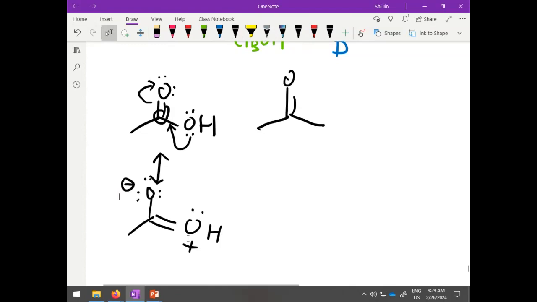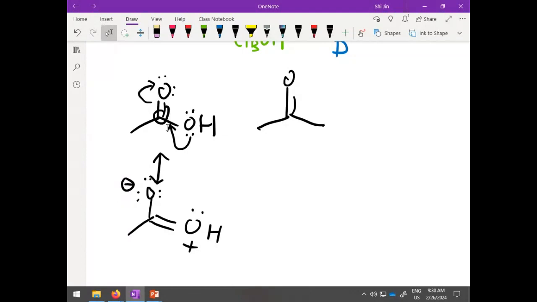On oxygen, right? Yeah, it could be nucleophilic attack, but such attack will not be productive, will not give you a stable product. So the involvement of this resonance form makes the carbonyl carbon substantially less electrophilic compared to this, because the oxygen lone pair is donated to the carbonyl carbon.